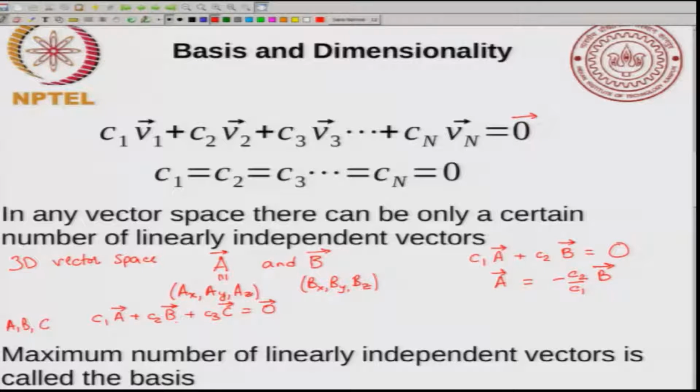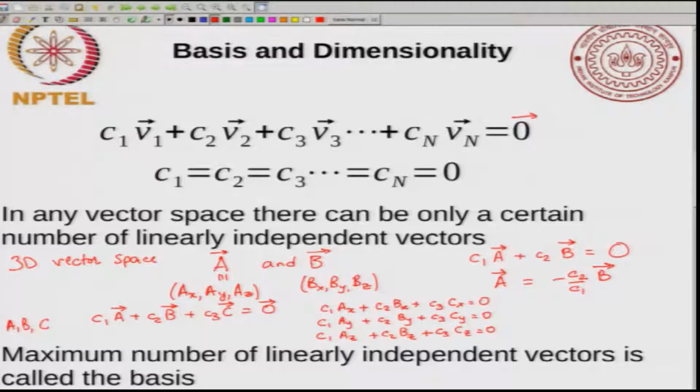If I write the x, y and z components of this, I will get three equations. C1 Ax plus C2 Bx plus C3 Cx equal to 0, and C1 Ay plus C2 By plus C3 Cy equal to 0, and C1 Az plus C2 Bz plus C3 Cz equal to 0.